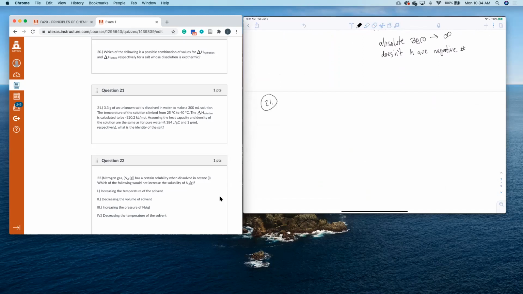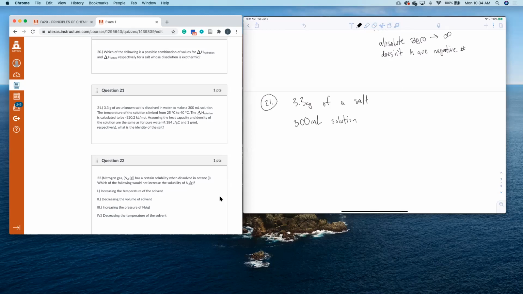So we've got 3.3 grams of an unknown salt in 300 milliliters of solution. Hopefully this is an osmotic pressure problem.